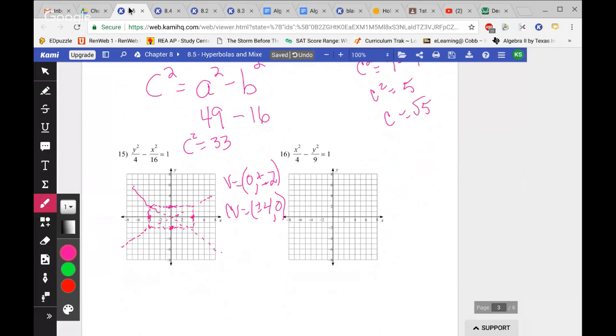And then my foci on this one, we use the Pythagorean theorem. So I've got 4 plus 16. So that's 20. So c squared is 20. So my foci is at 4.5.